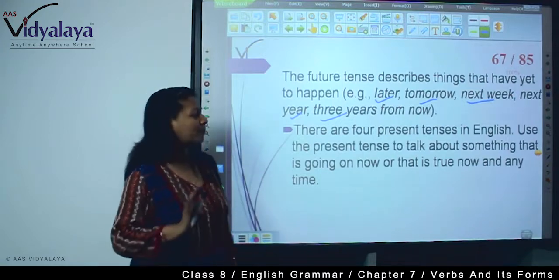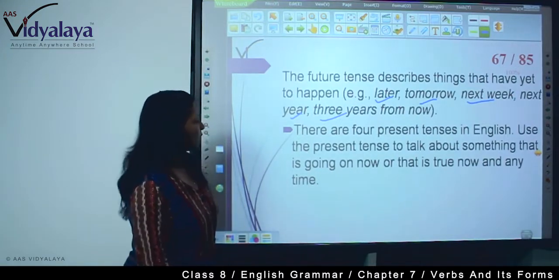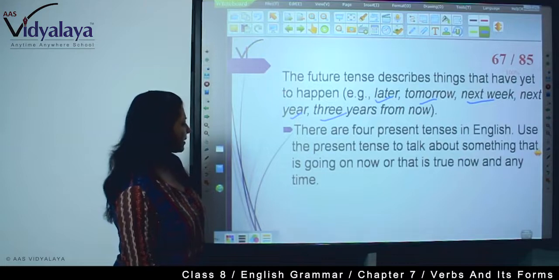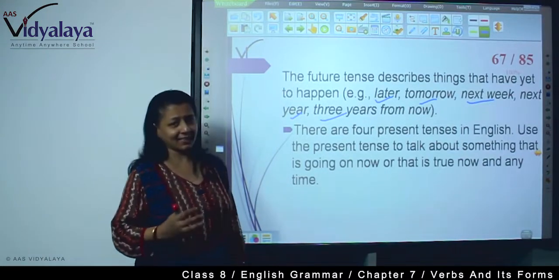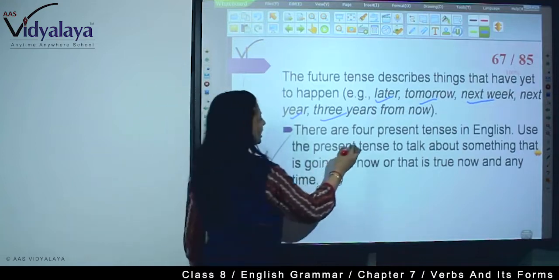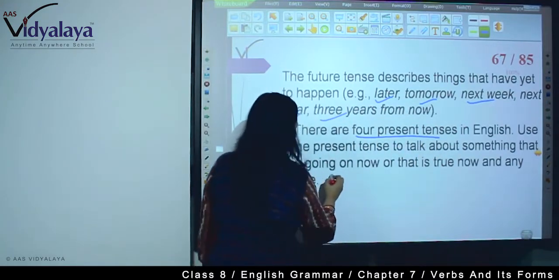Now there are 4 present tenses in English. Use the present tense to talk about something that is going on now or that is true now and any time. So the 4 present tenses, what are they?